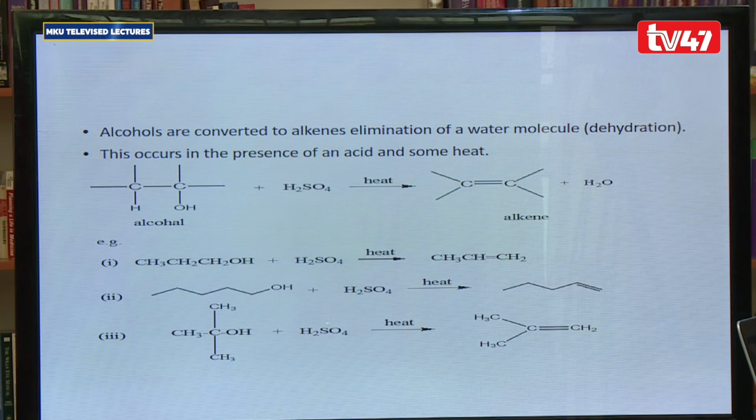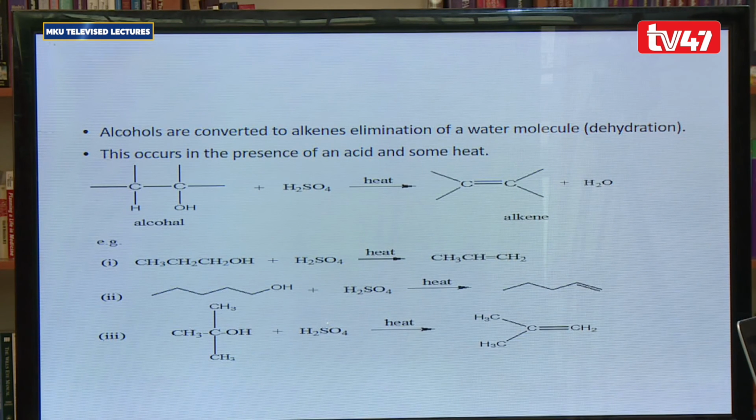Alcohols can also be converted to alkenes in the presence of sulfuric acid and heat, in the presence of relatively concentrated solutions of sulfuric acid, and in heat you can convert alcohols into alkenes.